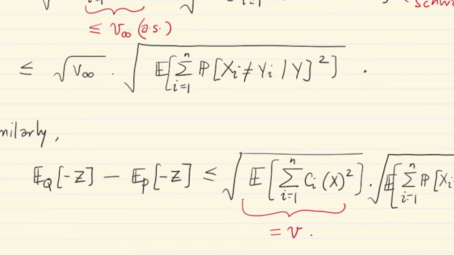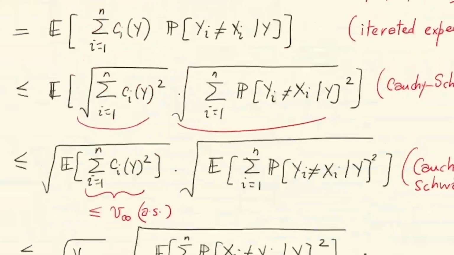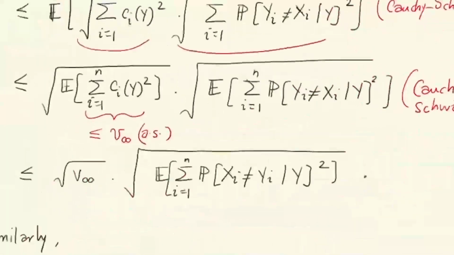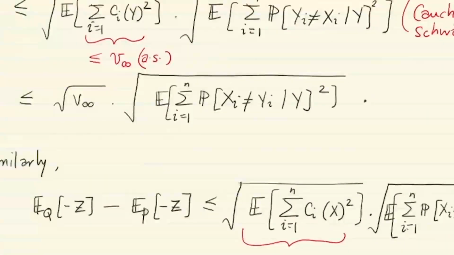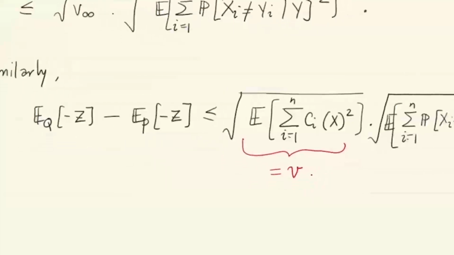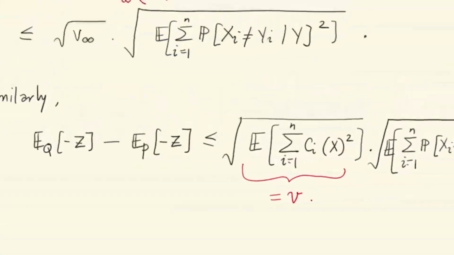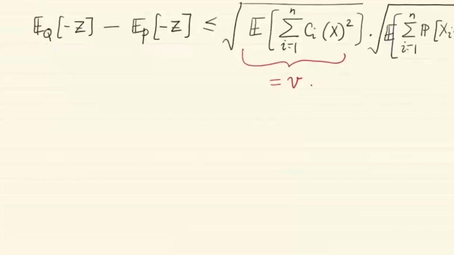In both cases there is a constant that shows up which is either V infinity or V. So the z inequality will help us give a right tail bound for z and the minus z inequality will help us give a left tail concentration bound for z. And all we need to handle is that we need to show that the second term, which is this transportation like cost, the expected value of the sum of conditional probabilities of discrepancy square, should somehow be upper bounded by the divergence between the measures.